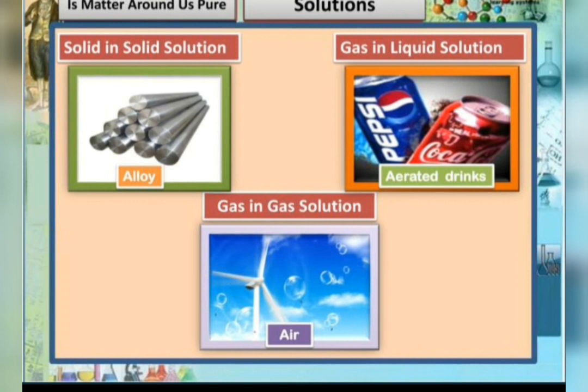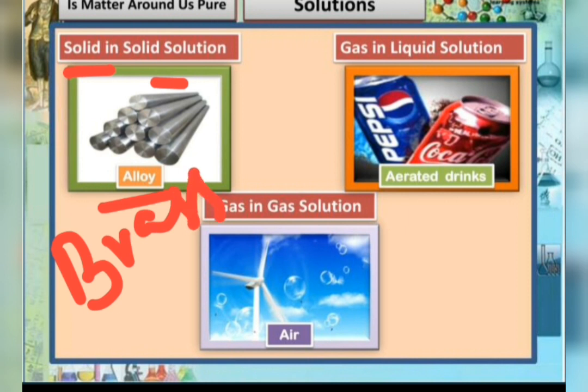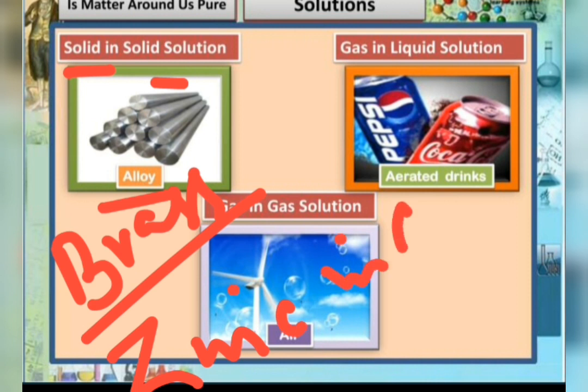Then we have another type of solution, that is solution of solid in a solid. Metal alloys are the solutions of solid in solids. For example, the alloy brass. We know that brass is actually a solution of zinc in copper.